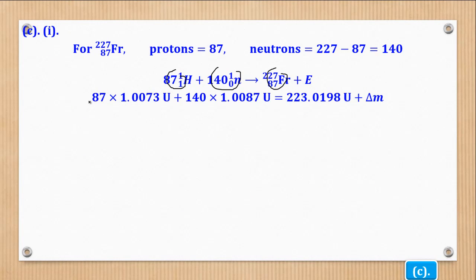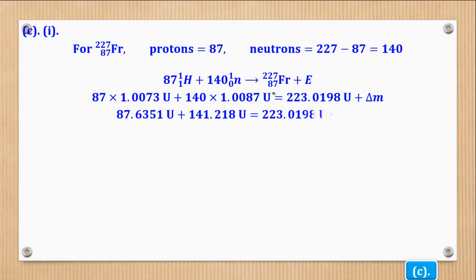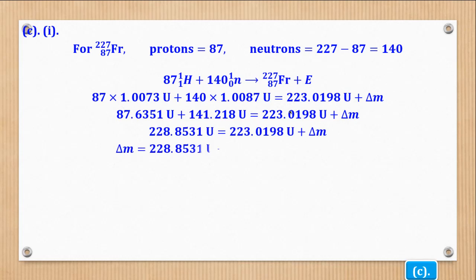So substitute 87 times unified mass of a proton, 140 times unified mass of a neutron, equal to the mass of the nucleus plus mass defect. So simplify, this gives that. So here we don't round off. Then get the mass difference to be that.